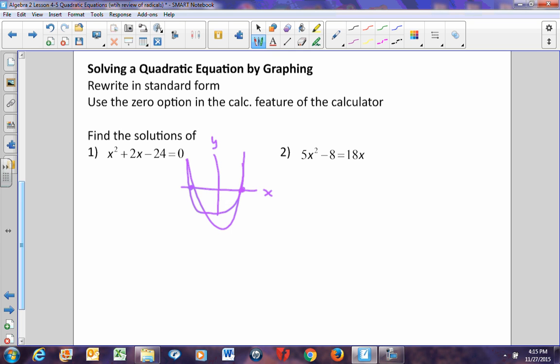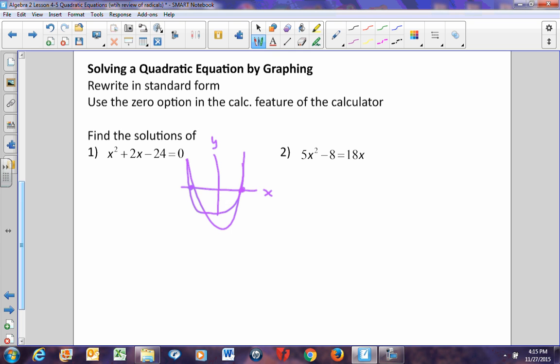You need to use your left and right arrow keys until you see a little cursor come on your screen, and I need to get way over to the left. Oh, there's my little cursor. It's a black circle with a little X, and it blinks. You need to have that above your x-axis for your first one. It says left bound.